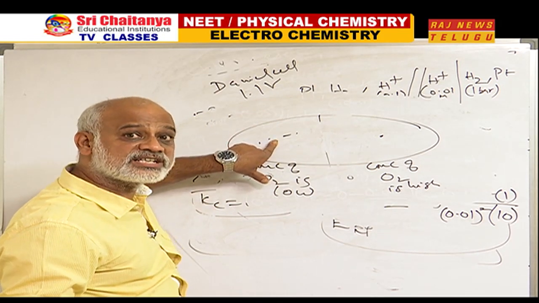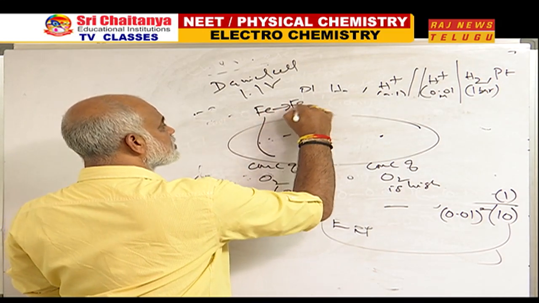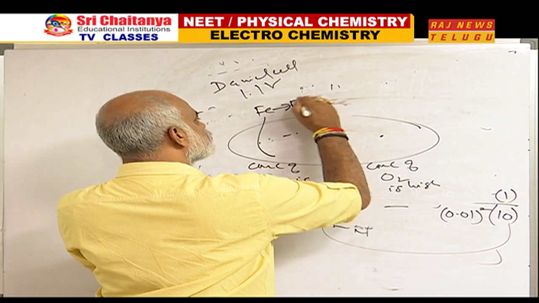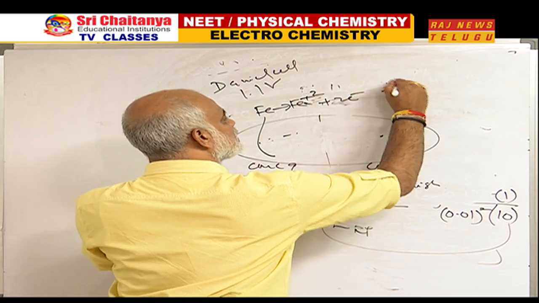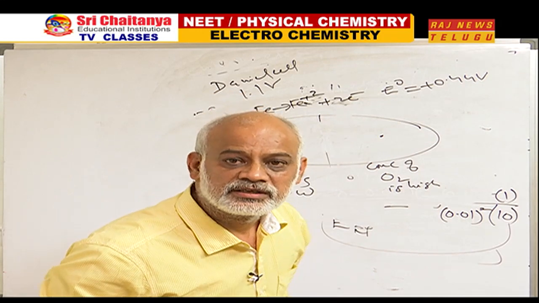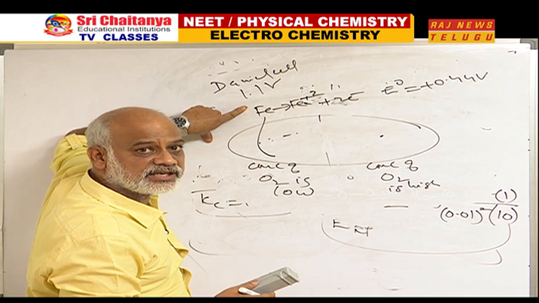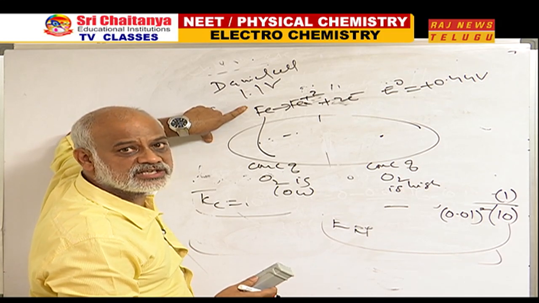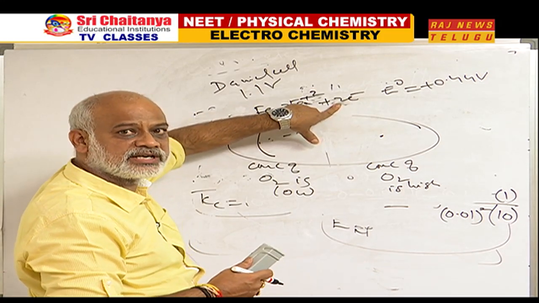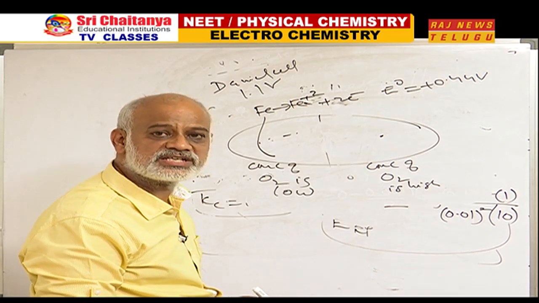At some part of this surface, oxidation occurs. At this point, Fe gives Fe2+ plus 2 electrons, E naught equal to plus 0.44 volts. This reaction occurs on the surface of the iron where oxygen concentration is very low. The electrons liberated here go to the place where oxygen concentration is high.